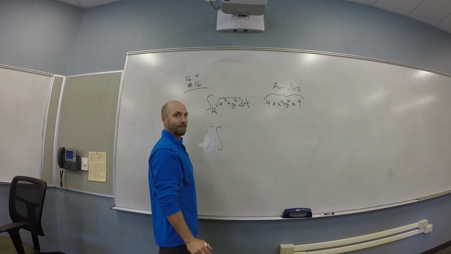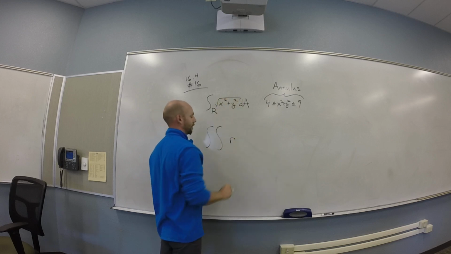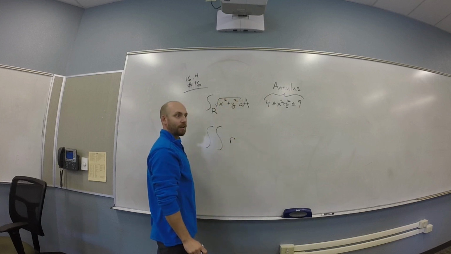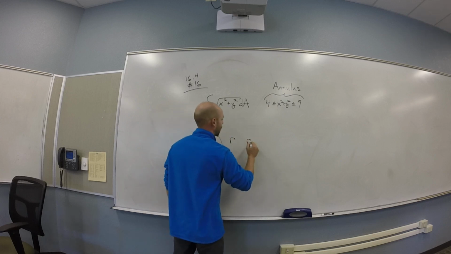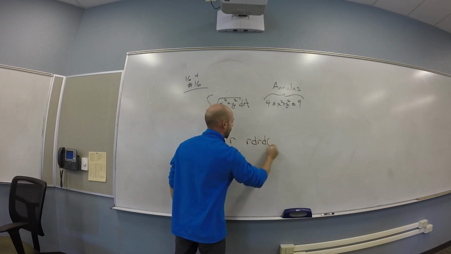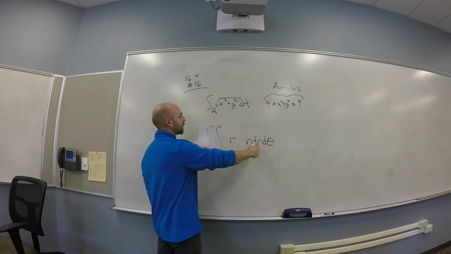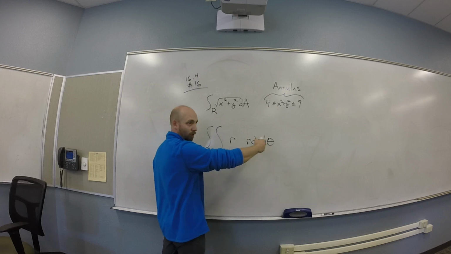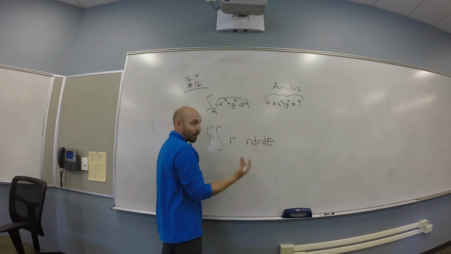That's going to be r. Okay, cool. And then dA becomes r dr d theta. Please note, there's nothing special about the r and theta order here. You could do r d theta dr if that was better.